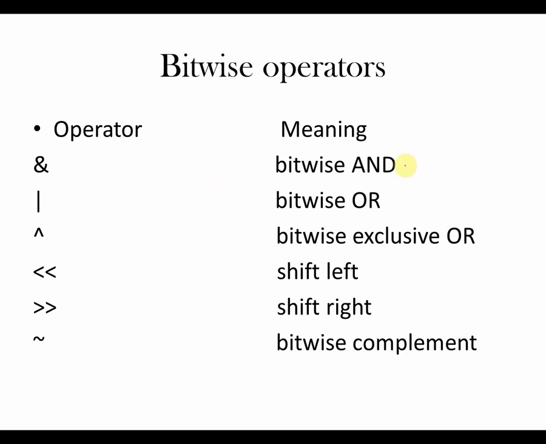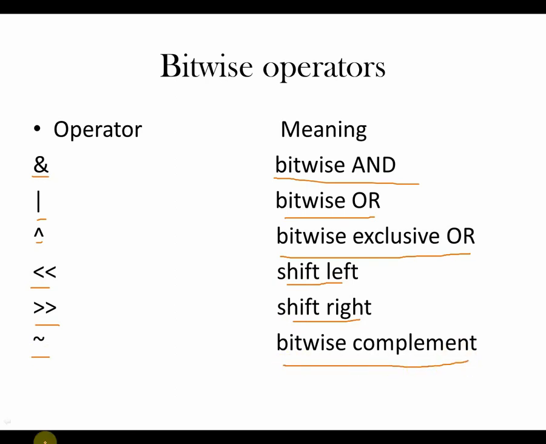Okay. Now what you see here is bitwise AND. This is bitwise OR. The next is bitwise exclusive OR. The next is left shift. The next is right shift, and the next one is bitwise complement.